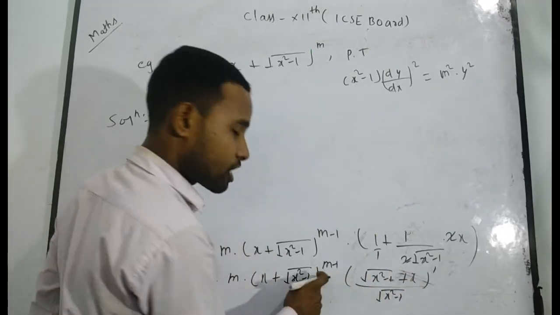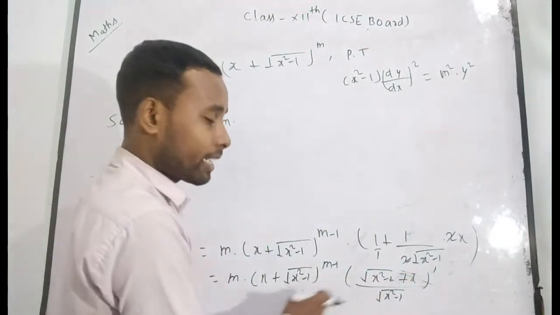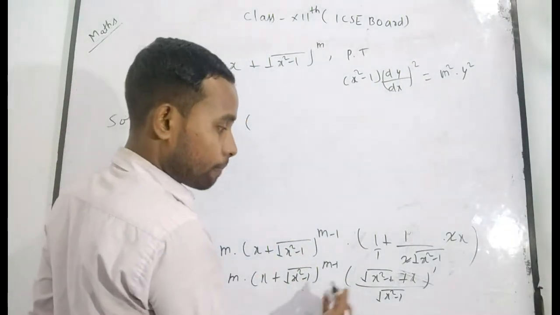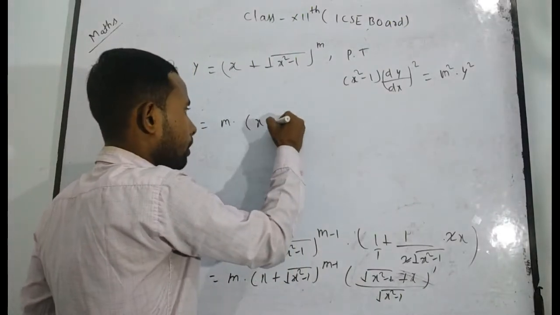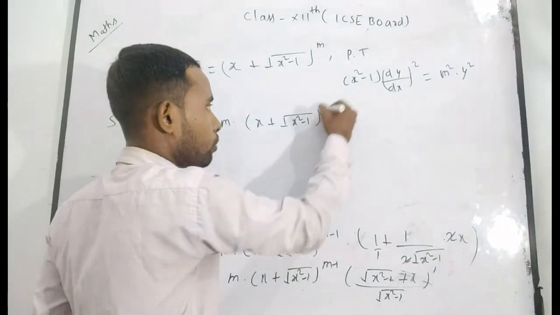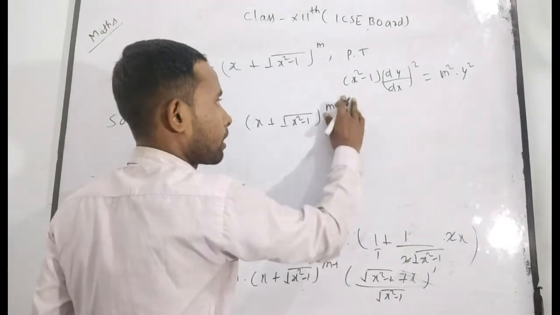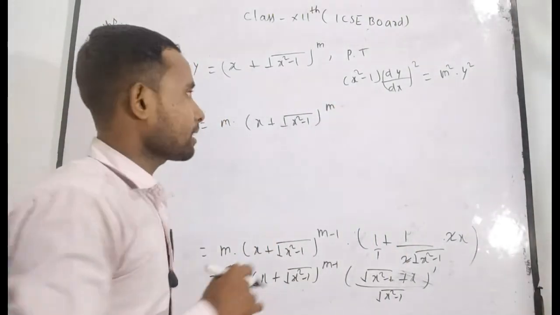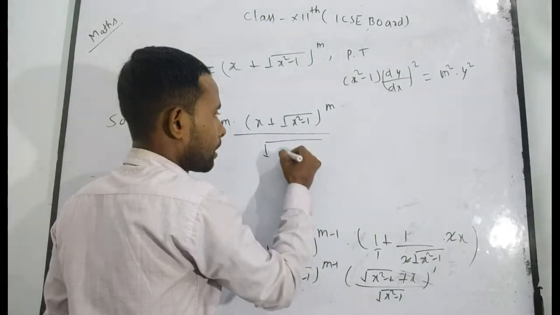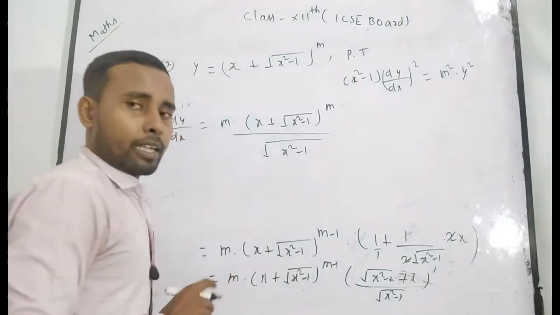Its power is 1 and its power is m minus 1, and the base is the same and it is in multiplication, so you can add the powers by raising the power of this term, that means x plus root under x square minus 1 to the power m minus 1 plus 1. The minus 1 and 1 vanish together and it will be m, and in the denominator you will get root under x square minus 1. Have you got it?